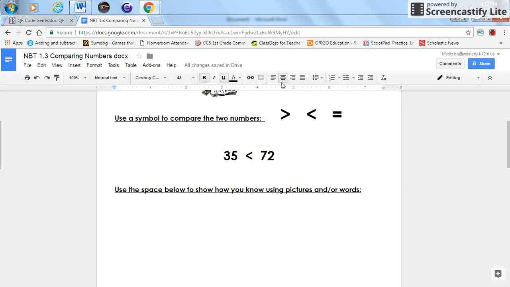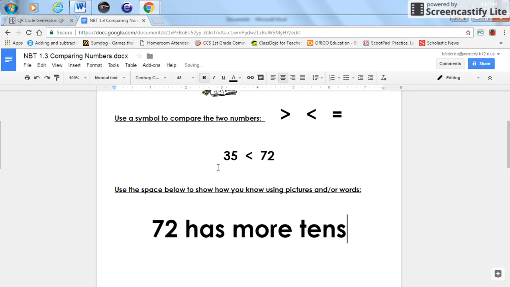So for this answer, I'm going to say that I know that 72 is more because 72 has more tens, and that's it. That's my answer right there. And there is my proof right there.